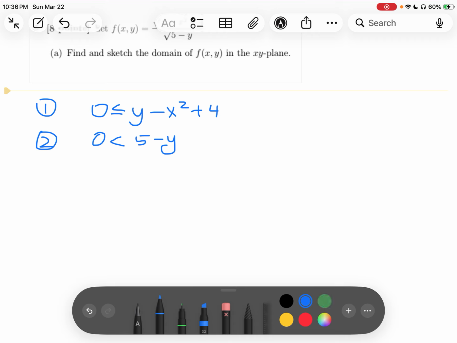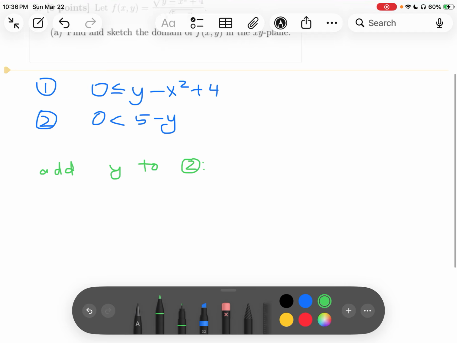And now let's work with these inequalities. So from inequality 2, we're going to add y to number 2. And when we do that, we have, let's write number 2. 0 is less than 5 minus y. We're going to add y to number 2.